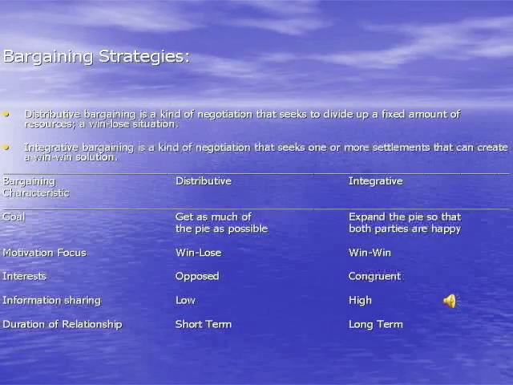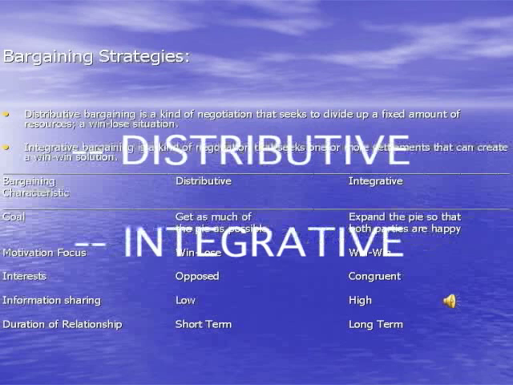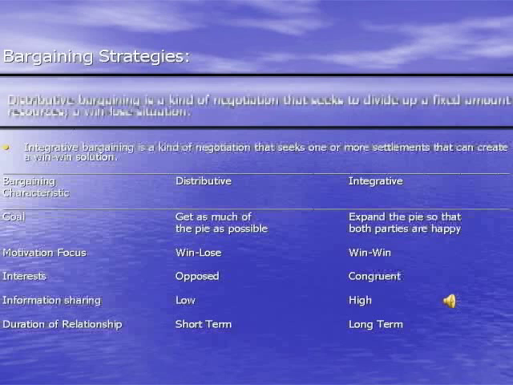Bargaining strategies. There are two general approaches to negotiation: distributive bargaining and integrative bargaining. Distributive bargaining's most identifying feature is that it operates under zero-sum conditions. That is, any gain I make is at your expense and vice versa.